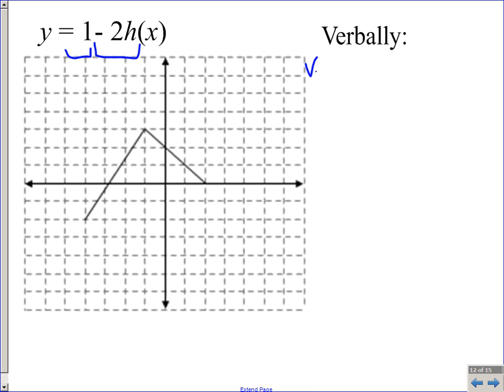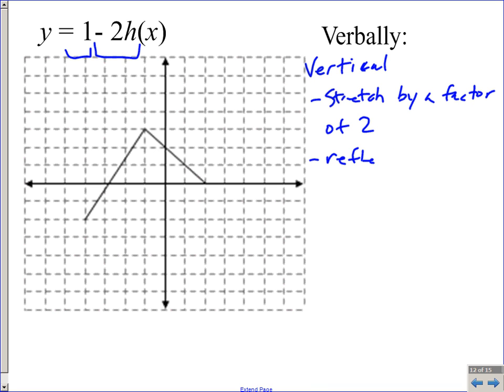So verbally, these are all vertical transformations. It is a vertical, and I'm just going to write vertical once, stretch by a factor of 2, a vertical reflection over the x-axis.